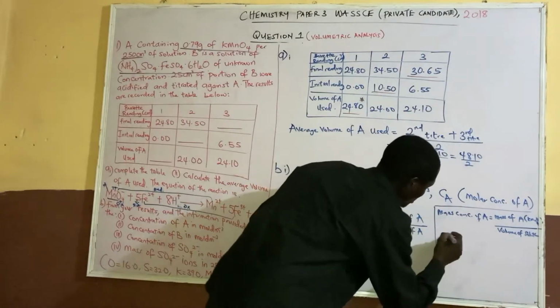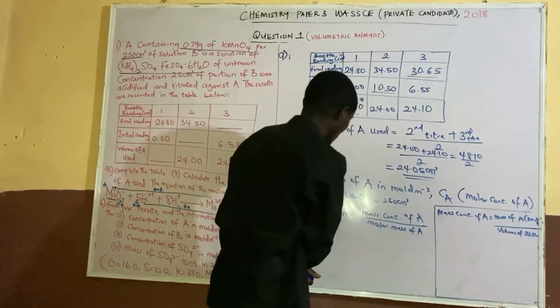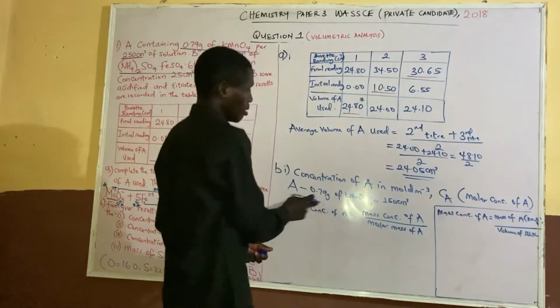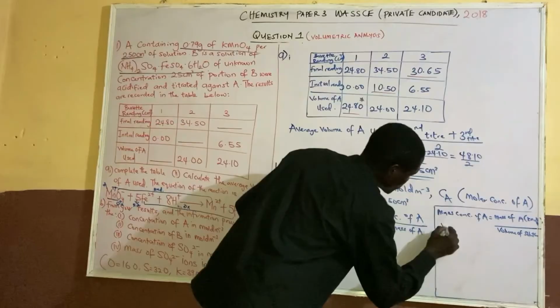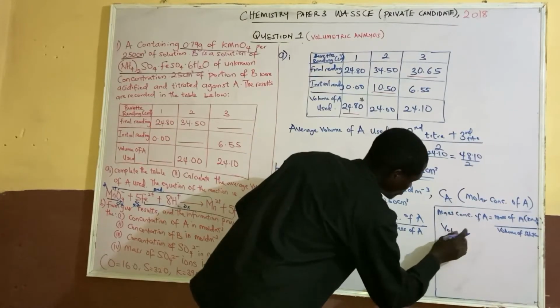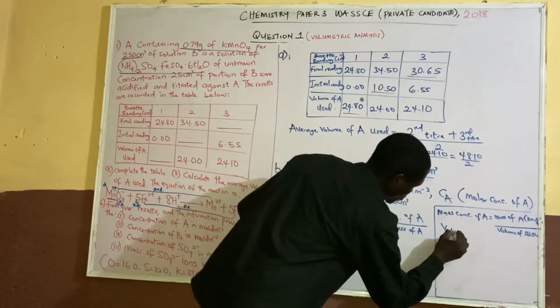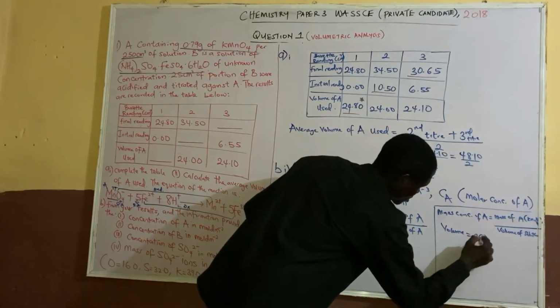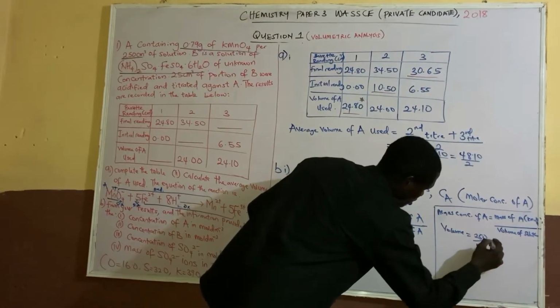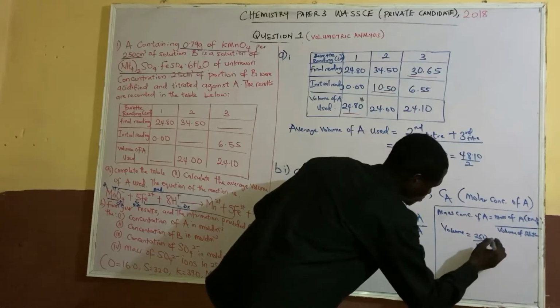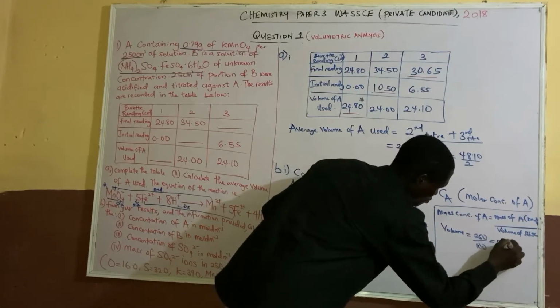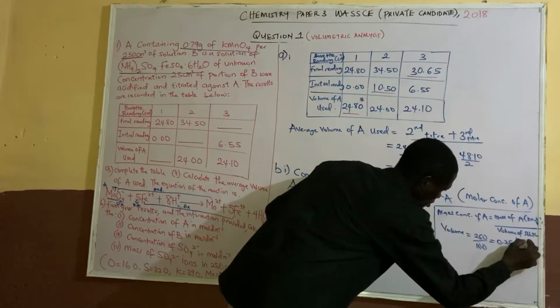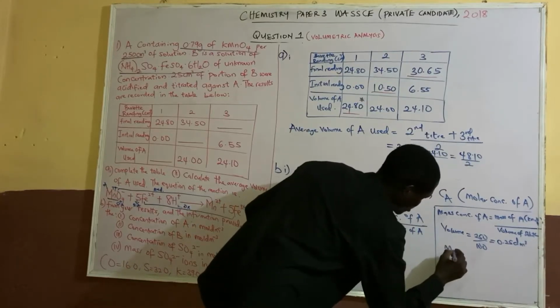The mass that has been given is 0.79. But the volume has to be converted to dm³: 250 cm³ divided by 1000, which is equal to 0.25 dm³.